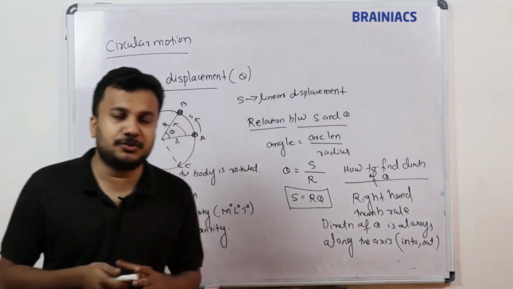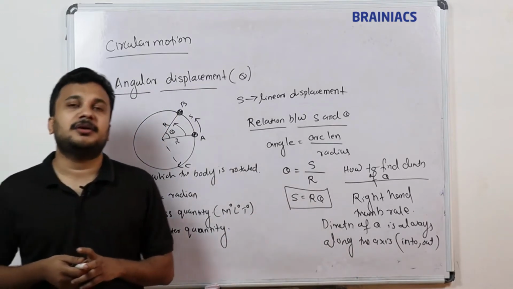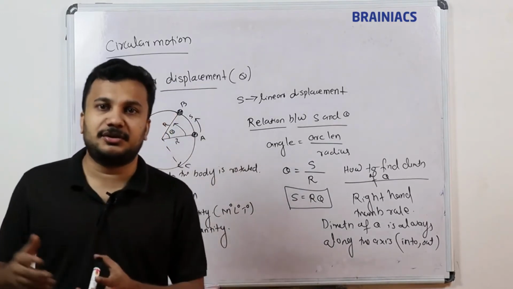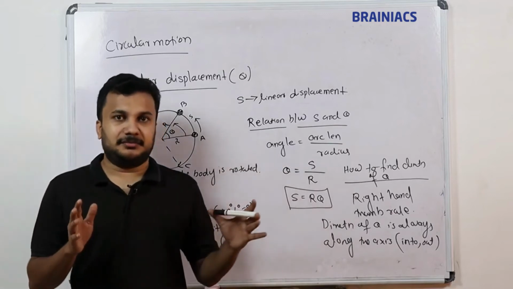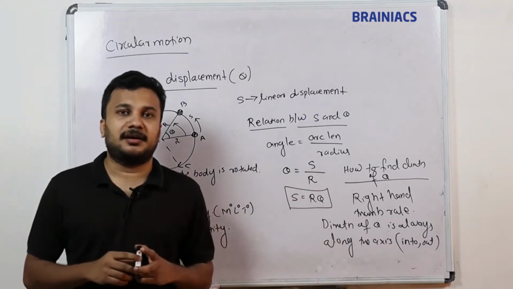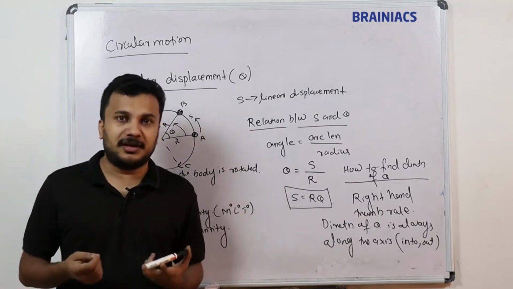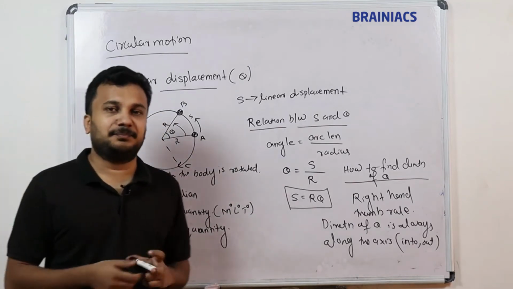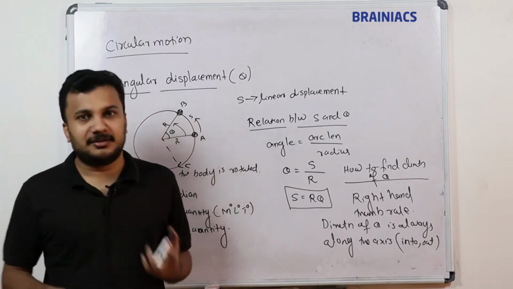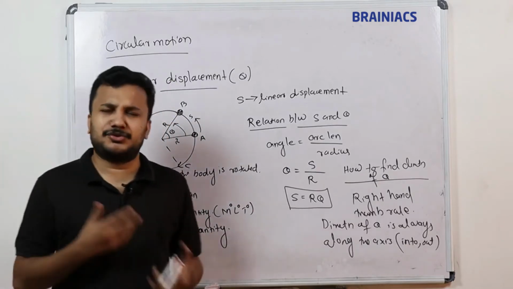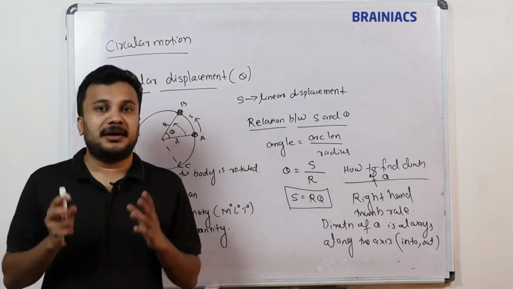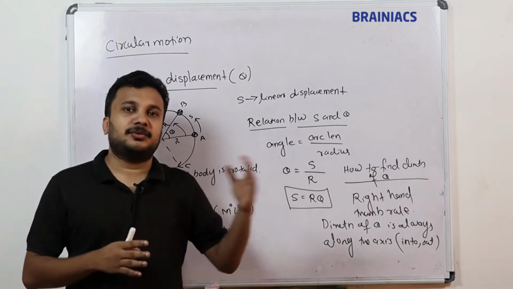This is the first rule you are learning now, and from here onwards you will come across lots of rules. But you should have an idea of what purpose each is used for, whether it's the right hand thumb rule, Fleming's left hand rule, and so on. Understand each then and there and go to the next topic.